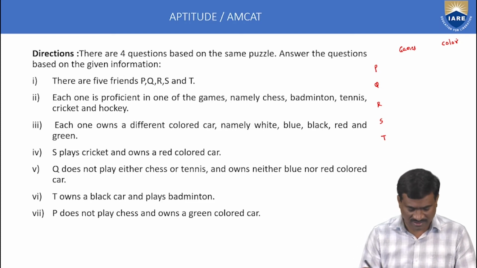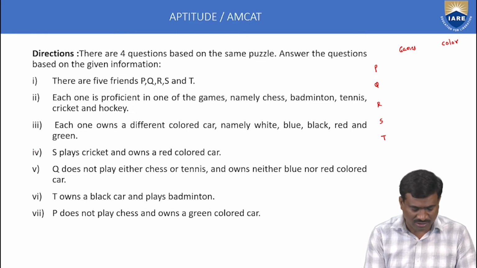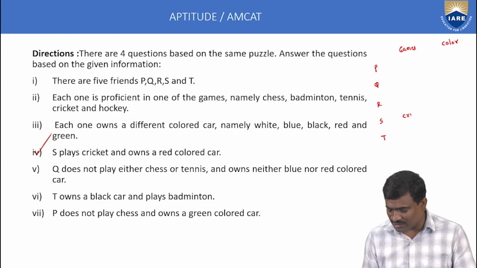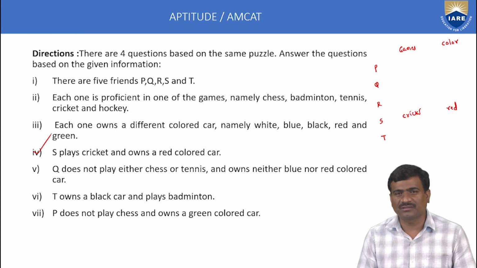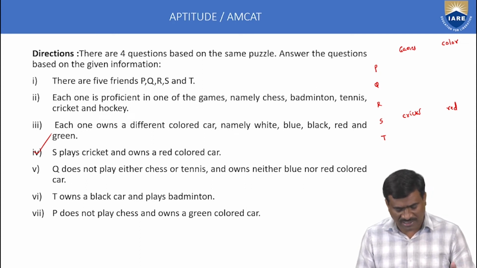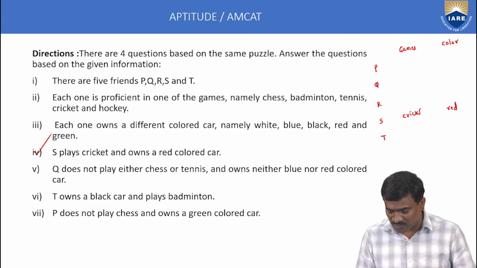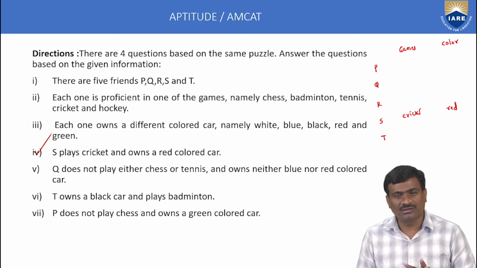4th statement: S plays cricket and owns a red colored car. This one is completed: S game cricket, color red. That is clear information. Q does not play either chess or tennis, and owns neither blue nor red colored car.